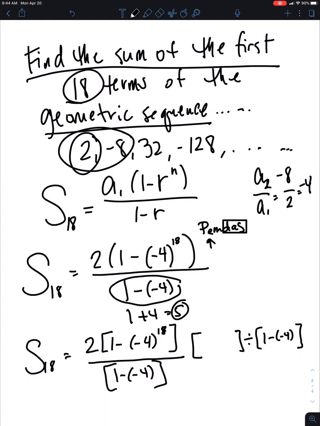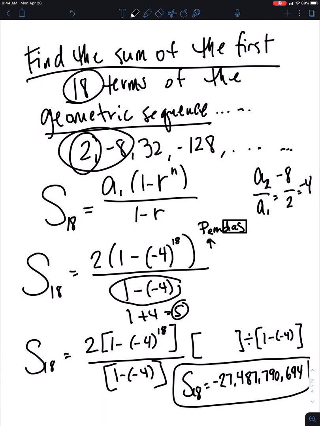Okay, so you may want to try typing this in your calculator right now just to make sure you get the right answer and know what you're doing, because I'm not there to help you along. It's a huge number. This is what I got. I'll make sure I wrote it down right because it's so big. -27,487,790,694.